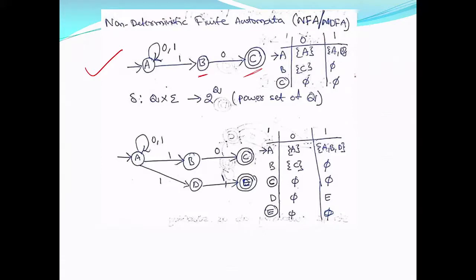So there is non-determinism in your finite automata. When you give an input string, you cannot say in which state exactly it can end. Suppose on 1 it chooses to go to A, then the path will be different. If it chooses to go to B, the path will be different. That is why this is called non-deterministic finite automata.